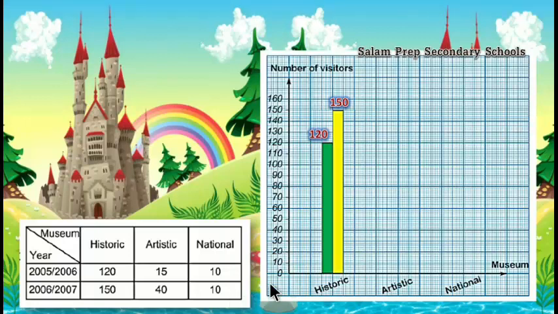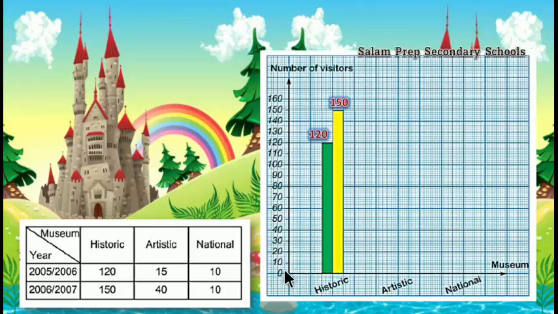Please take care. The scale in the graph starts with 0, 20, 40, 60, 80, 100, 120, 140, 160. Please take care. We will observe, put 10 at the half of the first square.